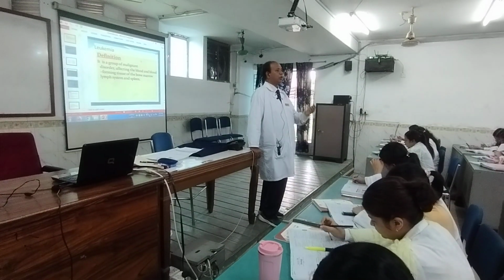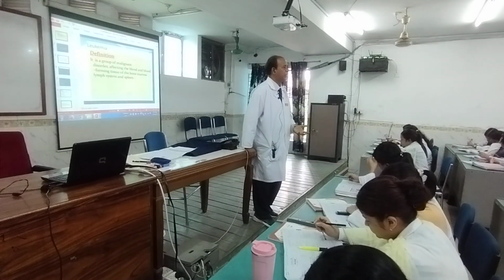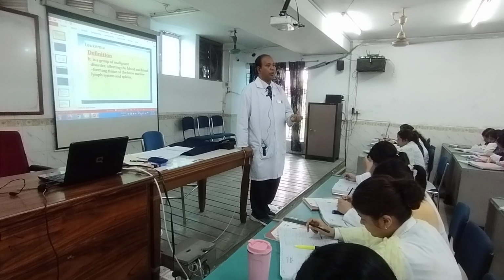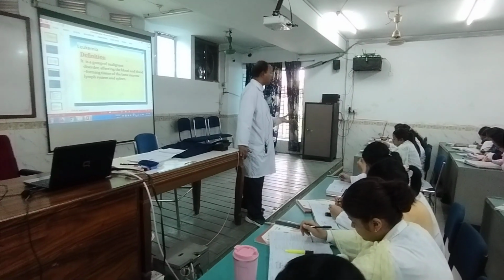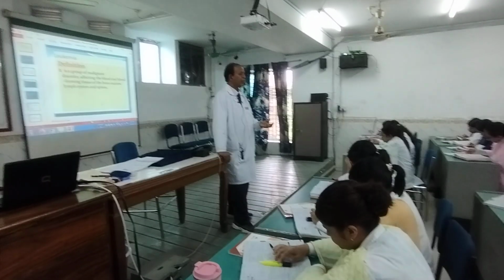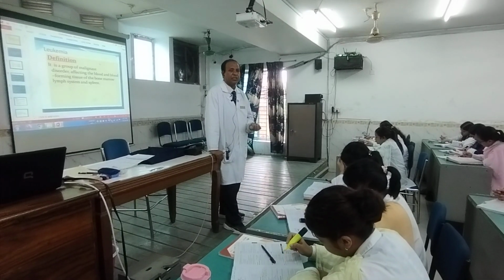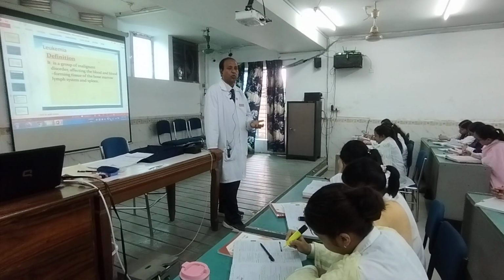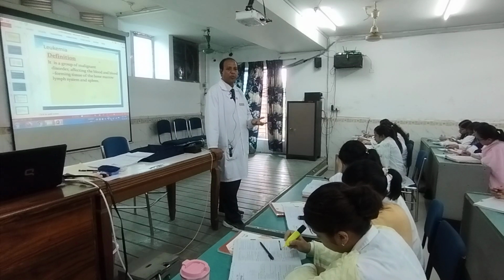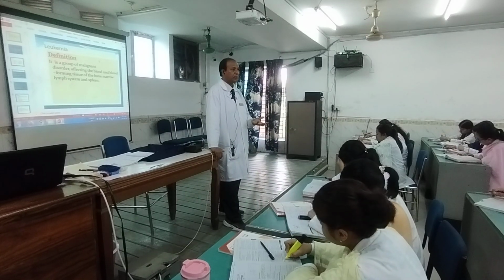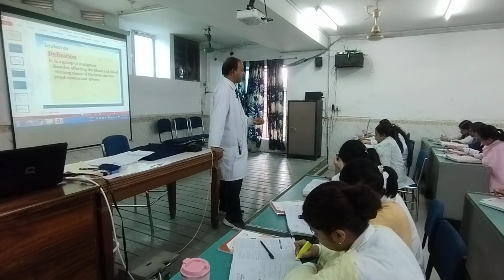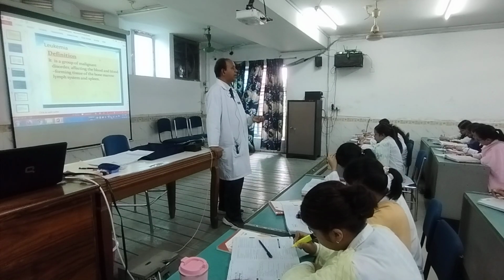This is the protocol-based multi-agent chemotherapy. If it fails due to recurrence or relapse, then we go for allogeneic bone marrow transplantation. Remember this. Look in your book, not to me. Allogeneic bone marrow transplantation is the final treatment of leukemia.